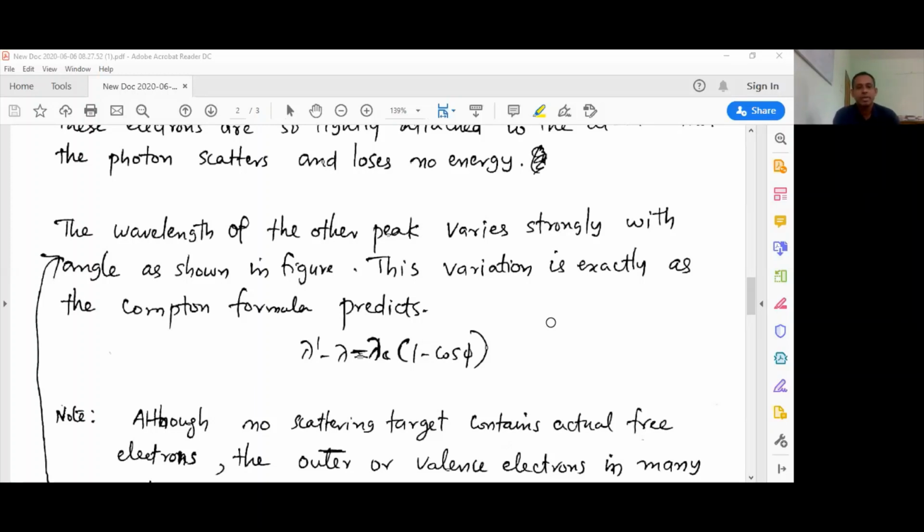The variation is exactly as the Compton formula predicts: lambda prime minus lambda equals lambda c times (1 minus cos phi).